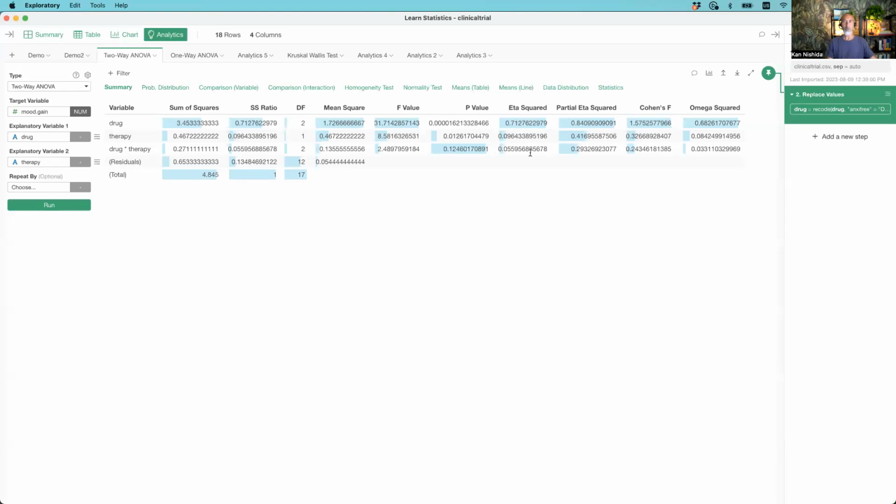So that's the tricky part, because in order to calculate the partial eta squared, what this is doing is that you want to get 0.46 and then divide by 0.46 plus this residual variance.